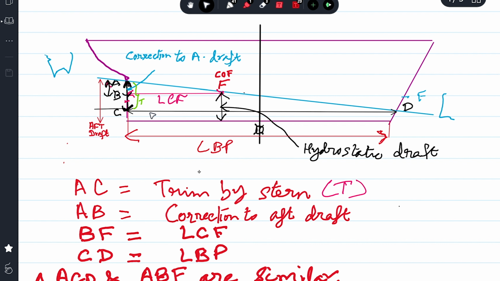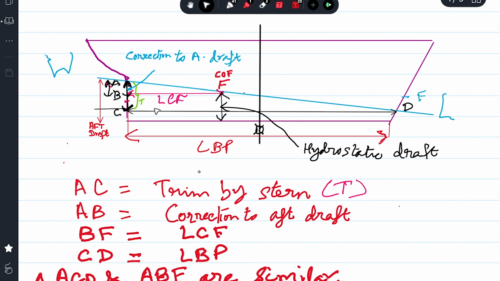So this, I put in green T, this is a trim. So the side of this triangle ACD, side AC, which is perpendicular, AC is nothing but trim. And the small triangle, you can see ABF, the small triangle. They are similar. Obviously, they are similar because all angles are same.